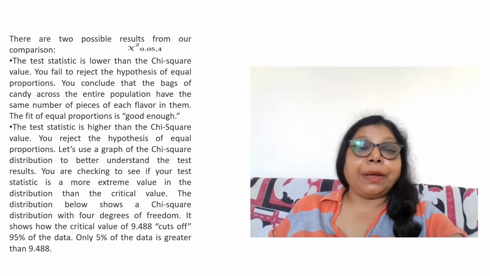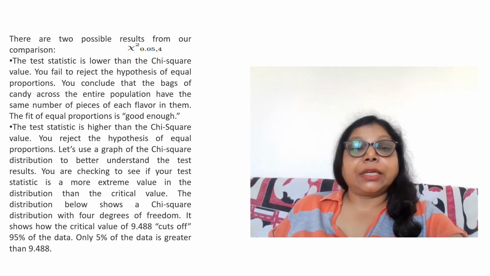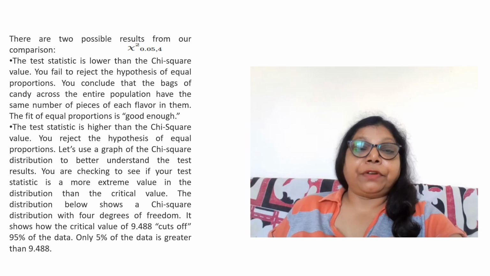We then compare the test statistic to a chi-square value with our chosen significance level, which we also call the alpha level. The degrees of freedom for our data, as we know, will be n minus 1. Using the candy data as an example, we set alpha to be 0.05 and have 4 degrees of freedom.